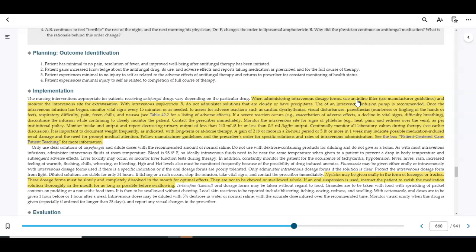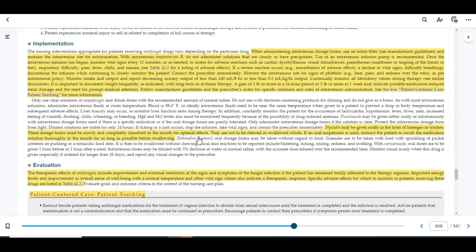It does mention if we have a severe reaction that occurs, we want to stop the infusion immediately, monitor the patient, contact that prescriber. It does have a little bit of things about if we think there's phlebitis and what we would do with that. Monitor my intake and output, which is something we do with all our nephrotoxic drugs, and then monitor my lab values post giving the amphotericin.